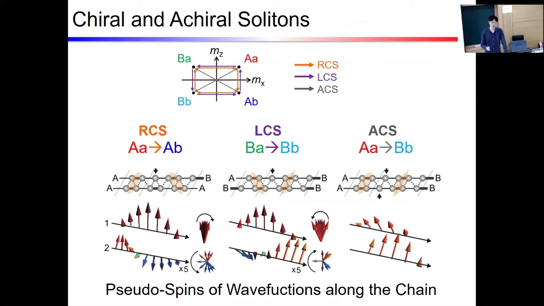Why do we call it the chiral soliton? Because their wave functions belong to certain atomic sites, and they have a certain pseudo-spin vector. The pseudo-spin vector actually rotates along the chain. Each chiral case only changes in amplitude, not in the sign.